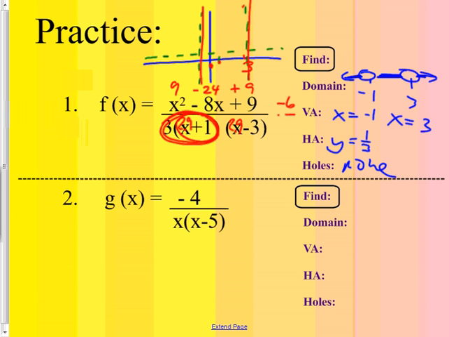I now have 12 times a negative tiny number, like negative 0.1. 12 times negative 0.1 makes negative 1.2. Bottom line, I have a negative divided by a negative, which means I have a positive. And therefore, even if it isn't very big, if it's positive, it's above this line, and therefore it must be heading that way.